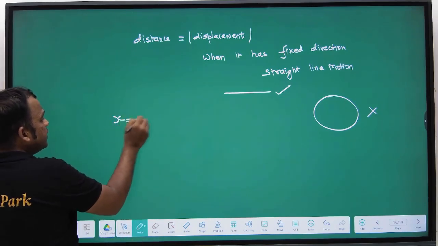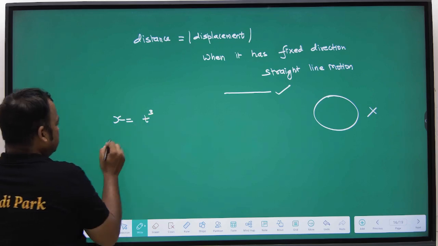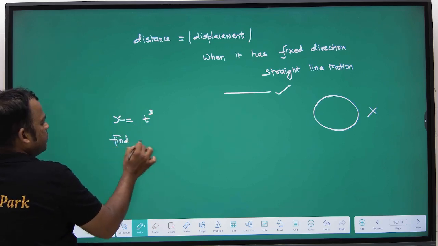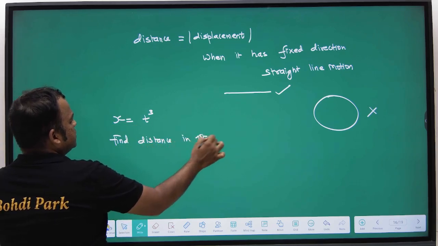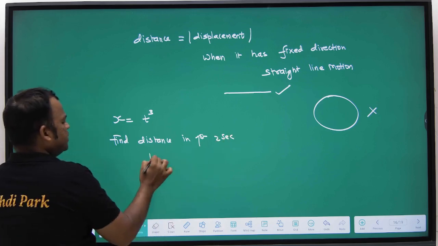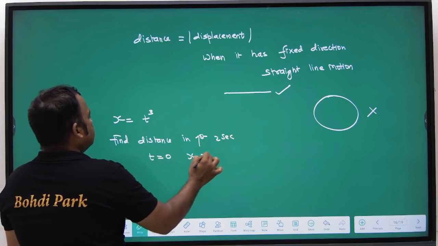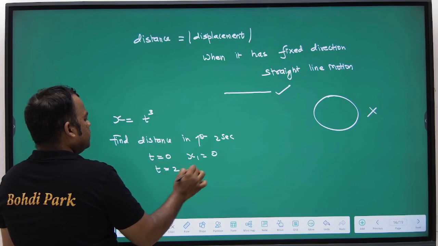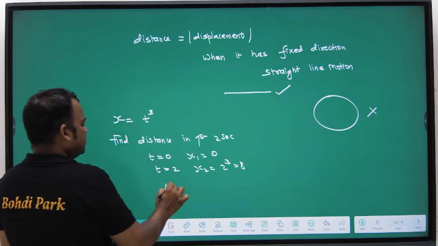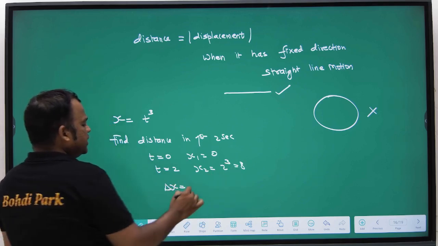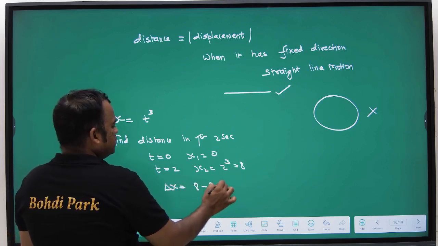So suppose I am saying x is equal to t cube, find distance in the first 2 seconds. So we'll put t is equal to 0, x1 will be 0, and t is equal to 2, x2 will be 2 cube, that is 8. So we'll calculate delta x. So delta x will be 8 minus 0, that is 8.